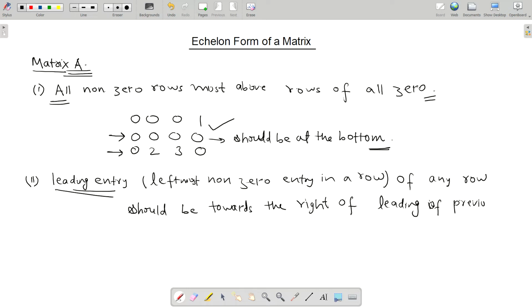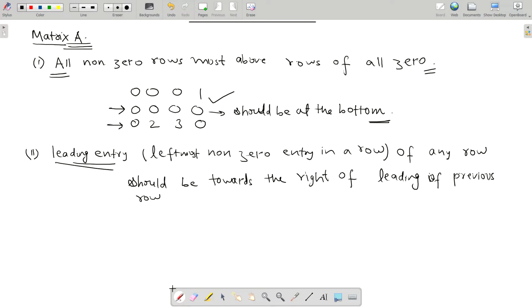Now what does this mean? For example, one of my rows is 2 3 0 5, and another row is 0 9 8 2.